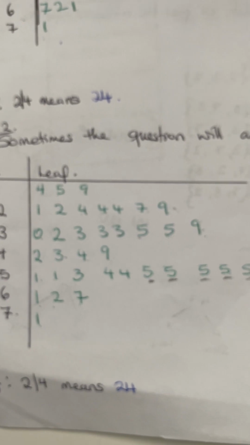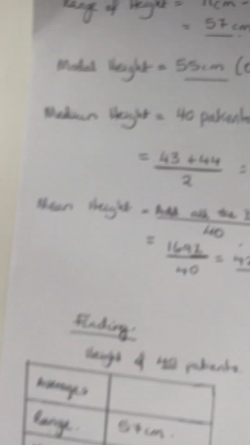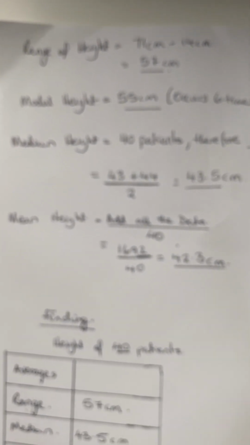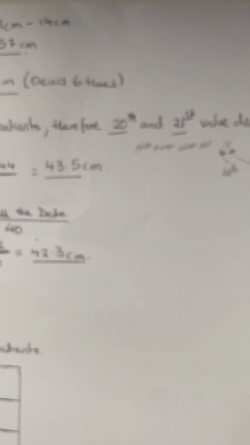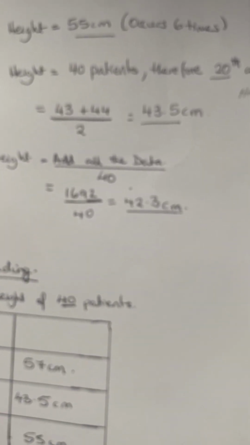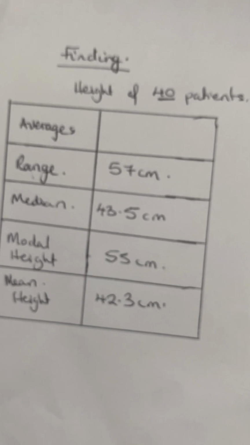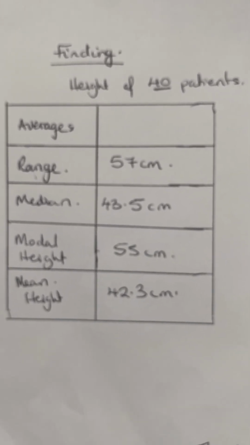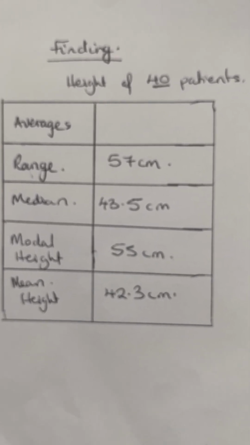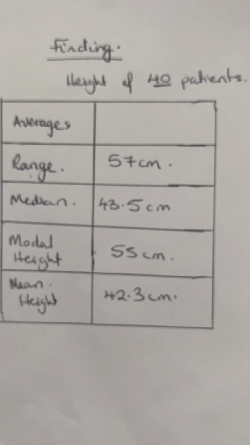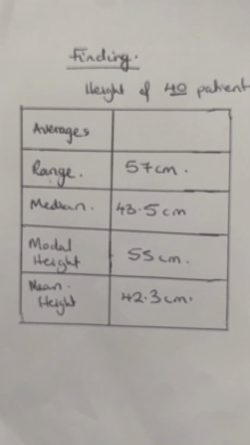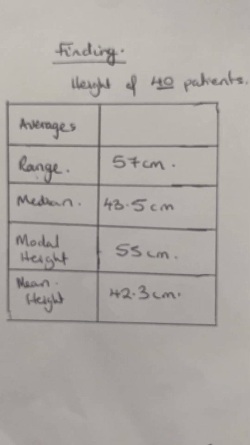And this is the second stem and leaf diagram, arranged from the lowest to the highest. Okay, and these are the results. Okay, so basically this is how a stem and leaf diagram would look like.